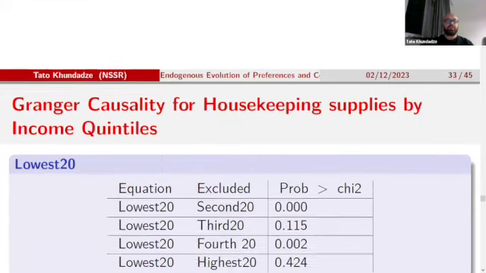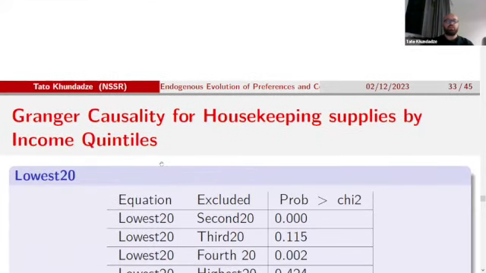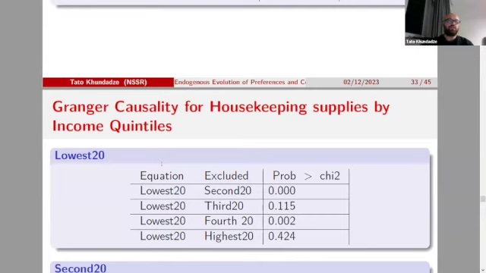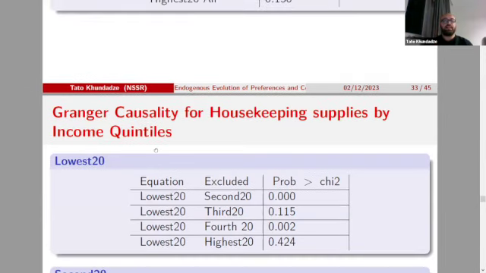For the goods which are considered a necessity, I also conducted causality tests, using both Granger causality and transfer entropy. Specifically, I should mention that when I ran this VAR model, I found that for the goods considered necessities, the coefficients are not the expected ones.